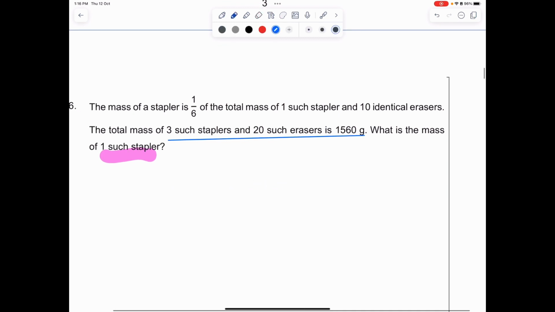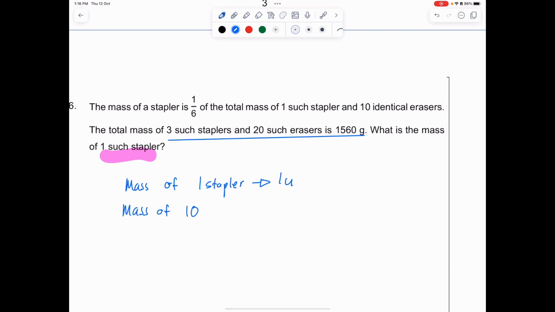So we take the mass of one stapler as 1 unit. So the mass of 10 erasers would be 6 units minus away 1 unit.